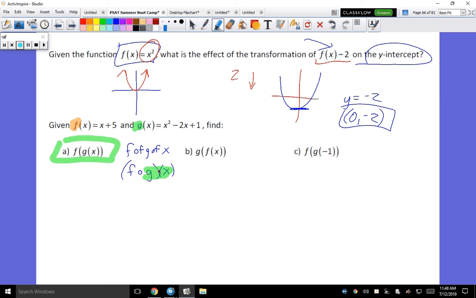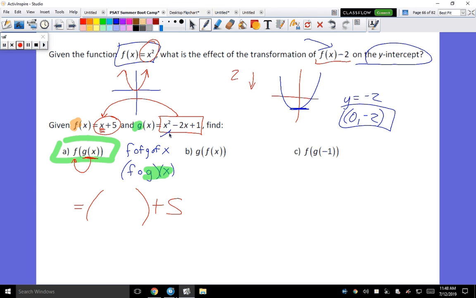Okay? So G of X is going to be done first, and whatever we get from G of X, we're going to plug it in as the input into F. So this is what we got for G of X. We're going to plug that as the input for F. So I would say F of X equals, do y'all see how this is very similar to the outer shell of F?